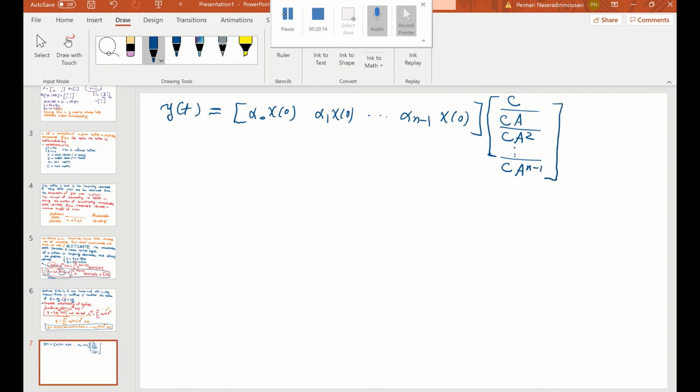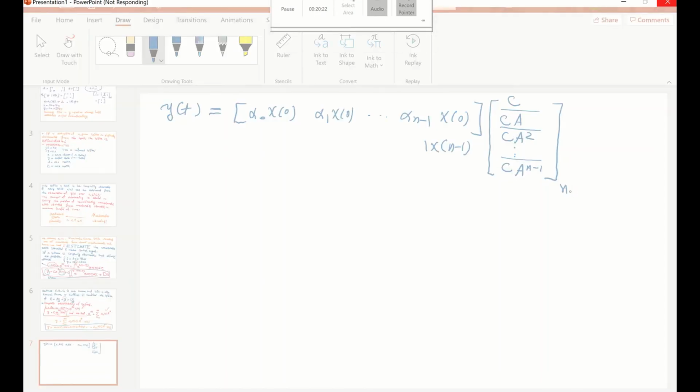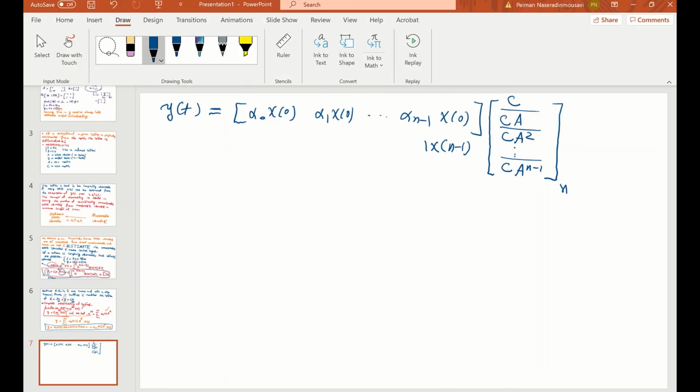Here we go. That's right. The dimensions are 1 by n, n by 1, so it's going to be 1 by 1. That's right. You can write like this.